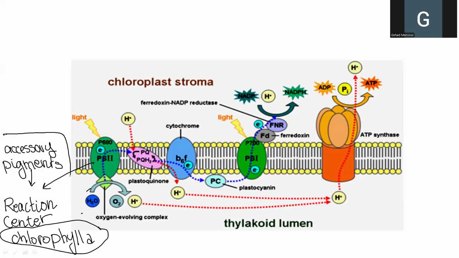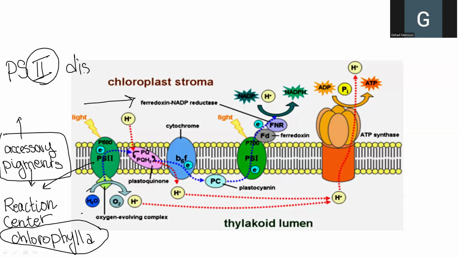Why do we call this photosystem 2? We said it before: although it acts first in that series of biochemical reactions, it was discovered second. So the number 2 refers to when it was discovered.